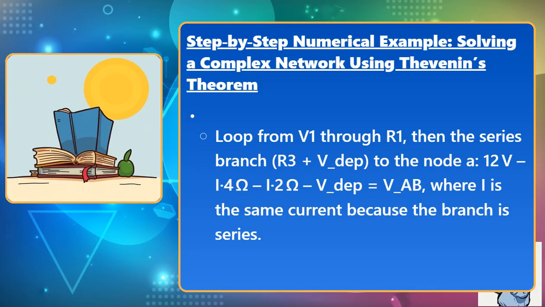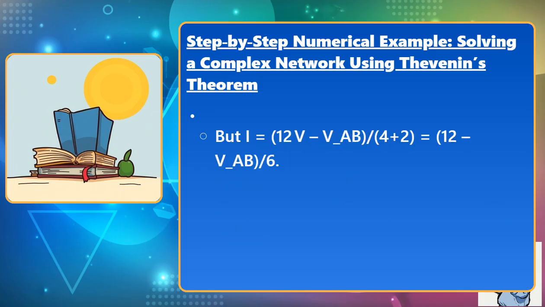Loop from V1 through R1, then the series branch R3 plus V dependent to the node A. 12 volts minus I times 4 ohms minus I times 2 ohms minus V dependent equals V sub AB, where I is the same current because the branch is series. But I equals 12 volts minus V sub AB divided by 4 plus 2 equals 12 minus V sub AB divided by 6.